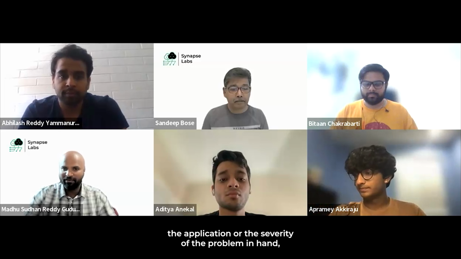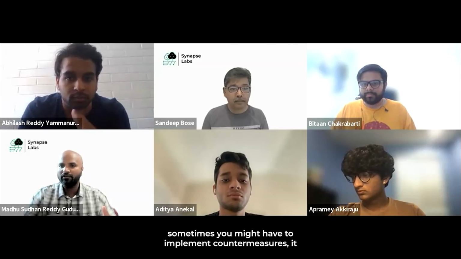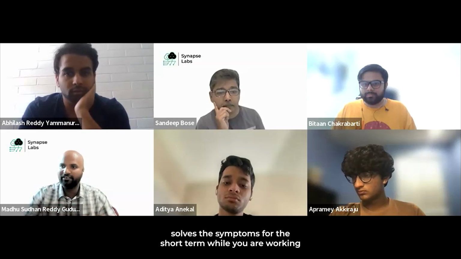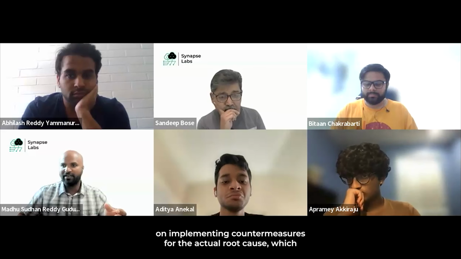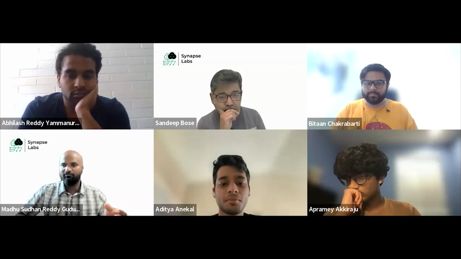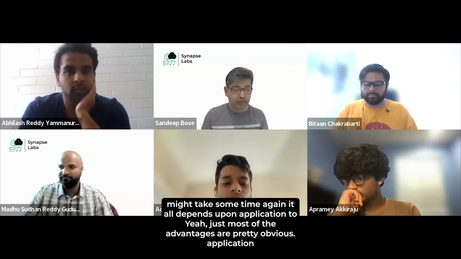And depending upon the application or the severity of the problem in hand, sometimes you might have to implement countermeasures which solves the symptoms for the short term while you are working on implementing countermeasures for the actual root cause, which might take some time. Again, it all depends upon application to application.